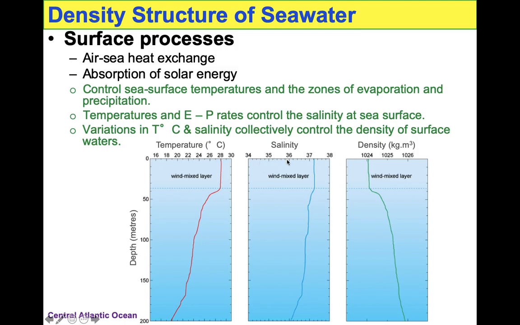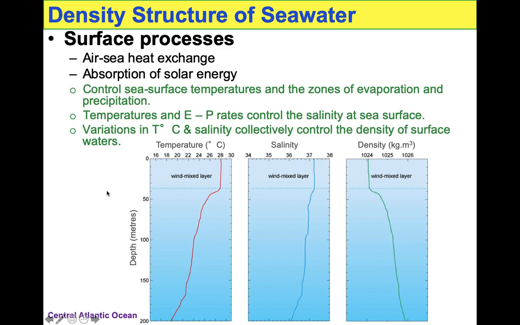The second profile in the middle is the salinity profile, also down to 200 meters depth. The salinity is basically the salt content, and it's changing from 34 to 38 per thousand. And the density, given in kilograms per cubic meter, increases from left to right. These profiles basically represent the Central Atlantic Ocean water properties in general.